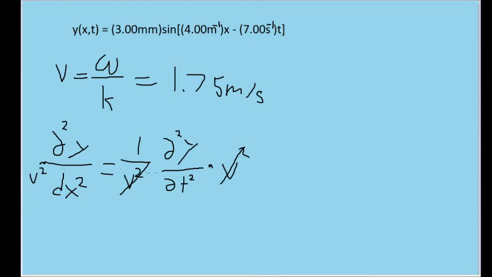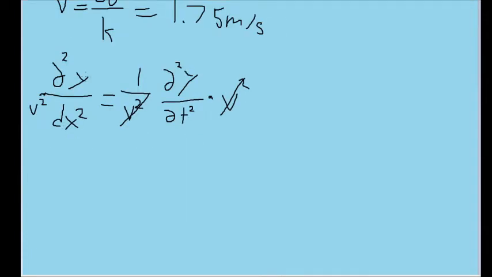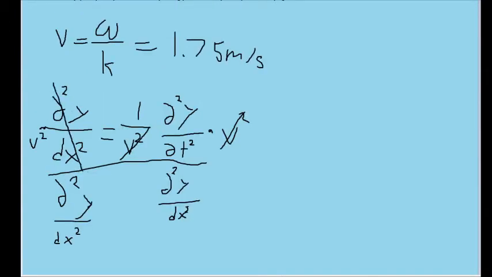And then we'll divide both sides of this equation by the second partial derivative of y with respect to x, so that we'll be able to get v squared on its own. Now we can see that this will cancel out on this side. And then lastly, we'll want to square root this whole thing so that we can convert this v squared into a regular v.